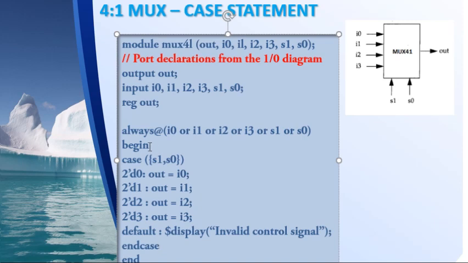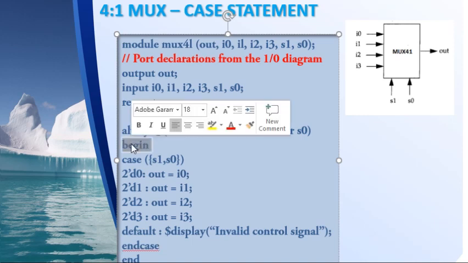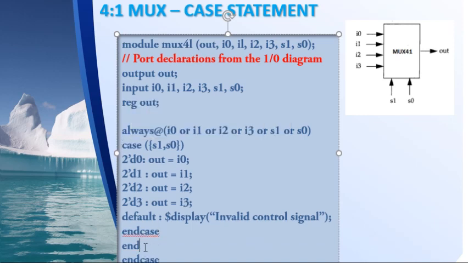Now one more thing, as I have told you, the statements inside the always block should be enclosed between begin and end. But this will hold good only if the always block consists of more than one statement. Now here I have just one case statement. Case statement is a single statement. So that means in my always block there is only one statement, that is the case statement.